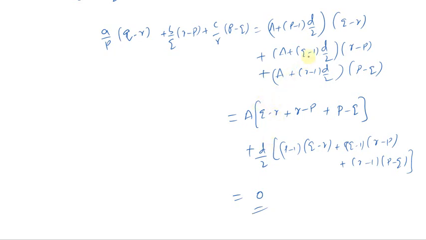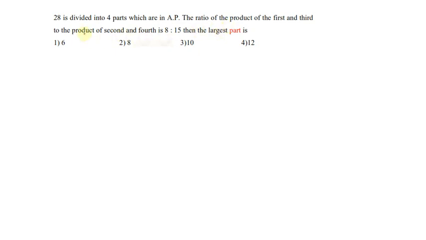Next, come to the next one. 28 is divided into 4 parts which are in AP. So you have to concentrate particularly on this. If you want to take 4 terms in AP, my recommendation is a minus 3d, a minus d, a plus d, a plus 3d.